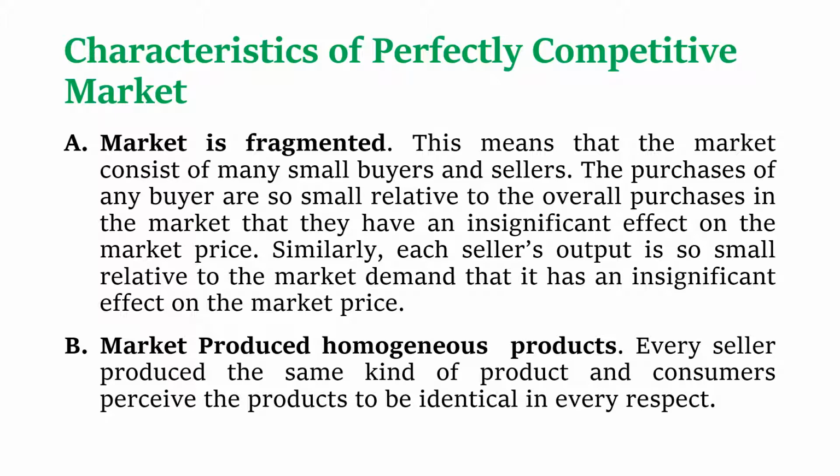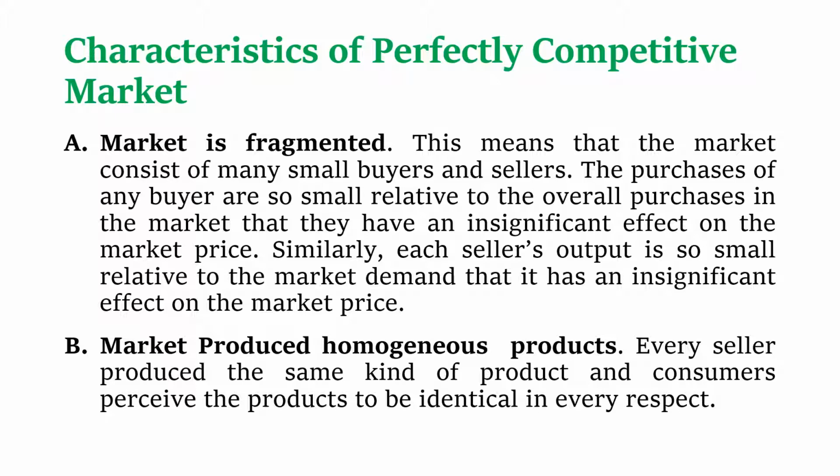So because of the fragmentation of the perfectly competitive market, all the firms in that market are regarded as price takers. So sellers and buyers act as price takers. That is, they take the price of the product as given when making an output decision or a purchase decision.